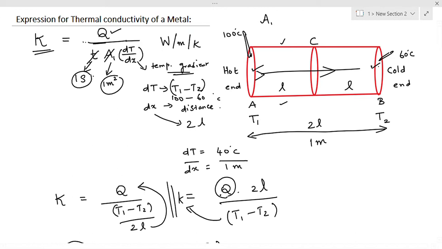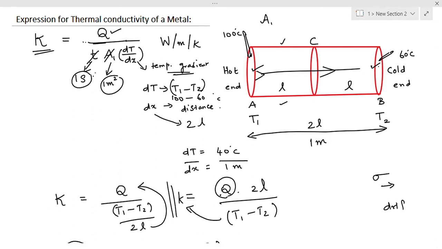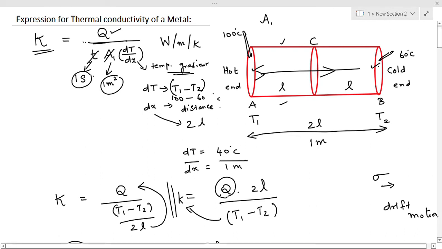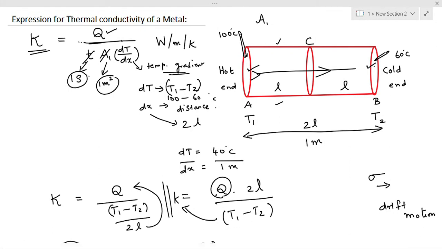Now we are going for the movement of the electrons. If it is electrical conductivity, the electrons will take up a motion called drifted motion, unidirectional motion. But here the electrons will take up the direction in any one among the 6 directions.